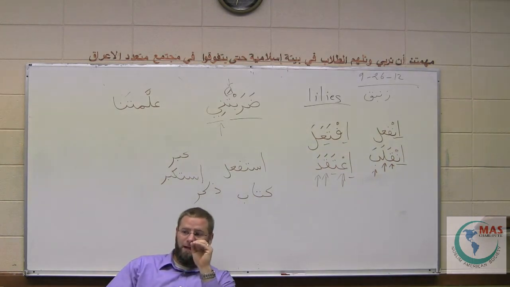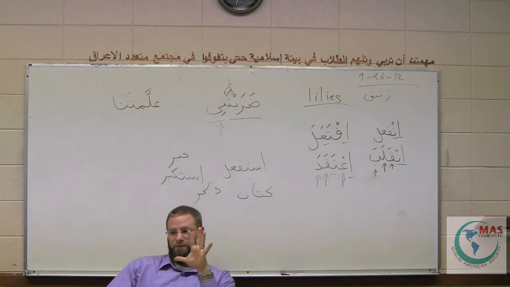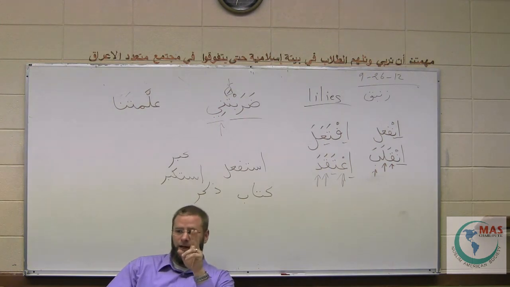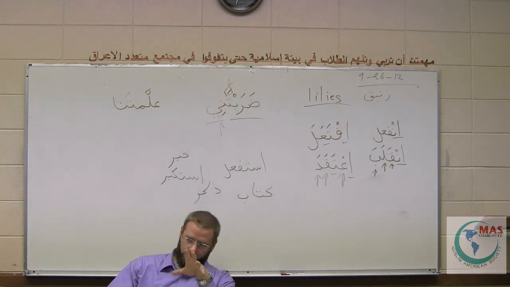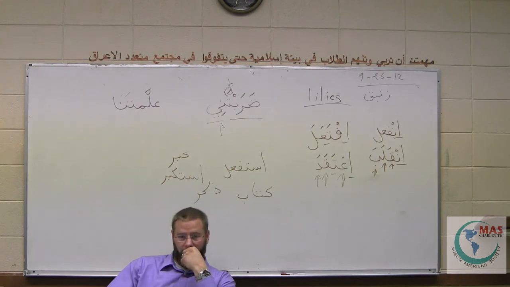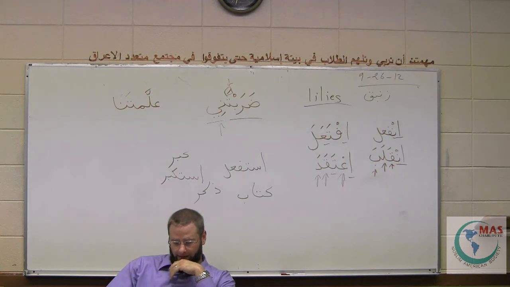When you say unna at the end, this is feminine: antunna, hunna, fa'altunna. When you see unna at the end, a bunch of girls are being referred to. La hunna means not them. That's one way of saying it.